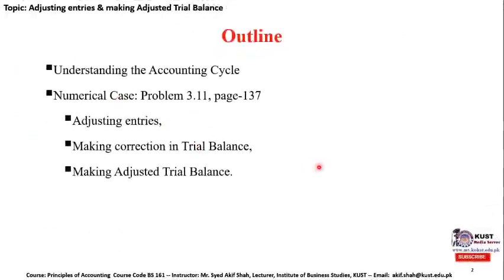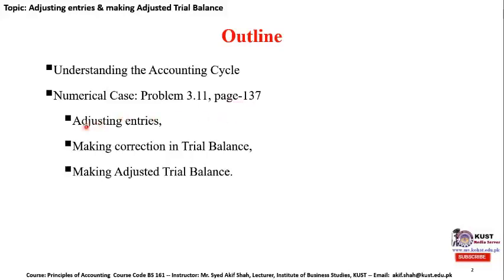The outline of this lecture consists of, once again, the discussion related with the understanding of a complete accounting cycle that will cover one particular time period, as we have already studied in the time period assumption in the initial lectures. In specific, the numerical case we have selected is problem 3.11 on page 137 of the recommended book.